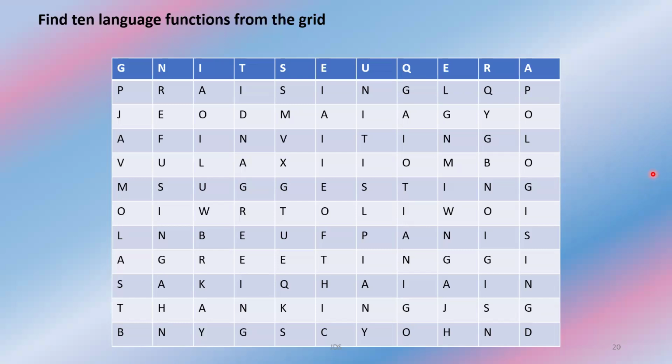Something on row 4. Look at row 4. Agreeing. Where is that? Tell me the column or the row. Fourth one. Yes. Fourth column. Yeah, okay, agreeing.